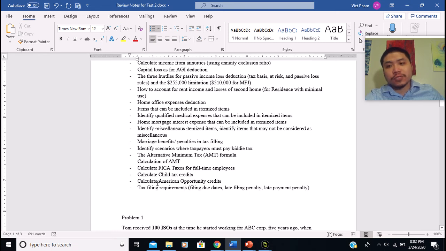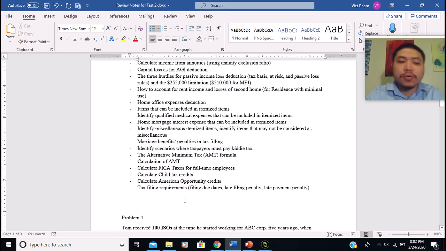So for the first $2,000 of expenses, taxpayers qualify for the whole $2,000, right? And then for the next $2,000, taxpayers can qualify for 25% of whatever of the next $2,000 that they have to pay for the education. So make sure you guys know how to calculate American Opportunity credits.